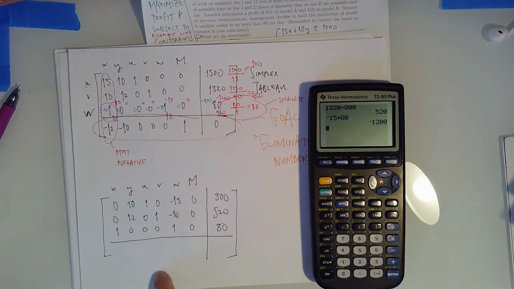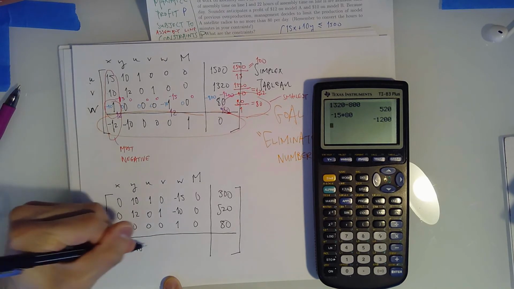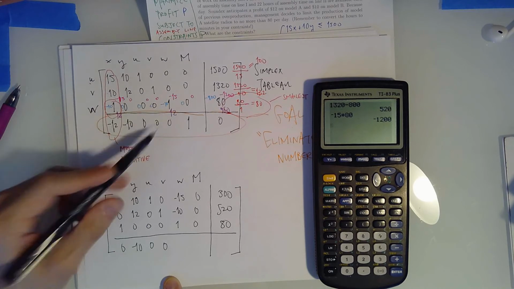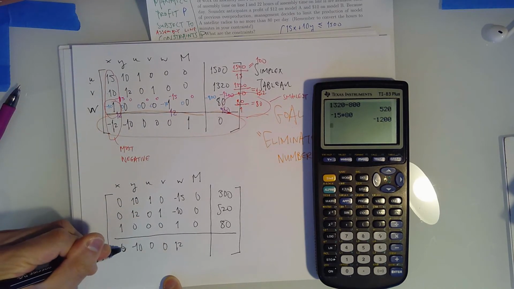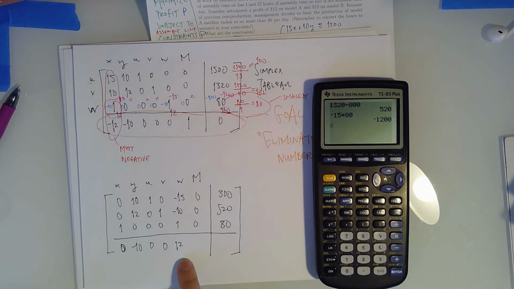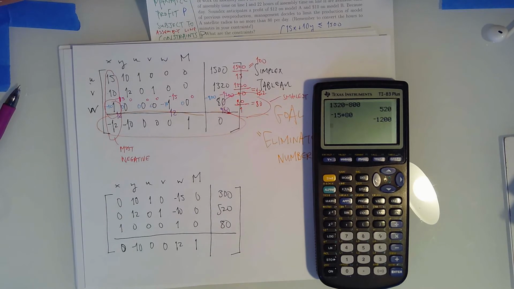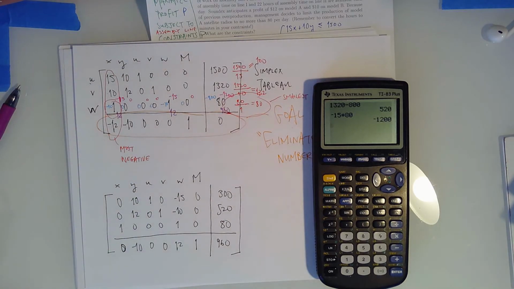Okay, so now I'm going to have 0, negative 10, 0, 0, and then 12, so 12 and 0 is 12, okay. So this is a 0 here, not a 6, okay. 1, okay, and then, well, what was here? 960, so 960 and 0 is 960, okay.